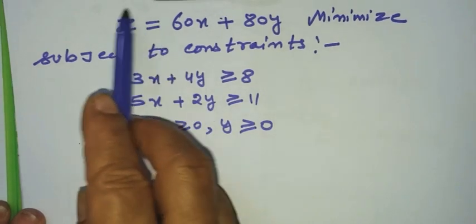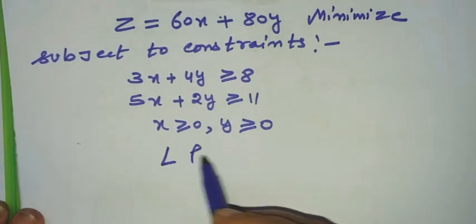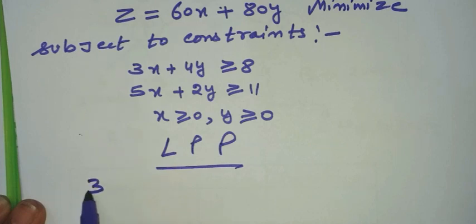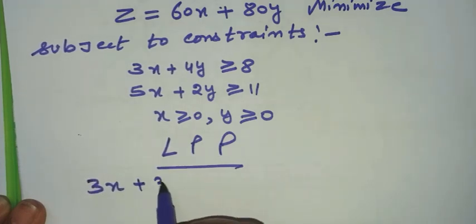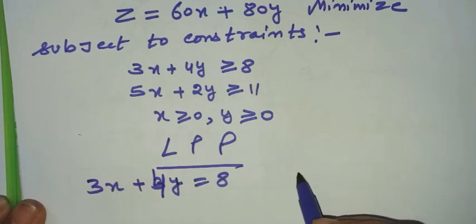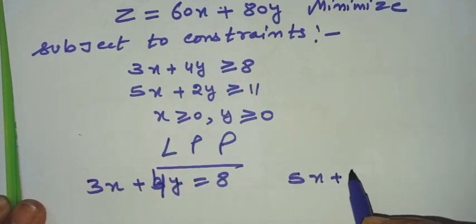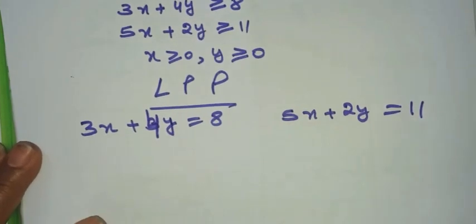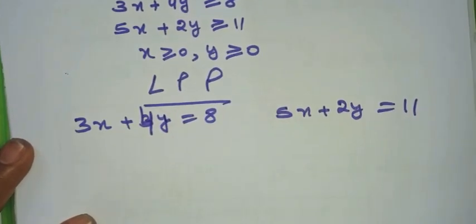So, we have to solve this LPP graphically, and to solve this LPP graphically, I have to plot the two equations 3x plus 4y equal to 8 and 5x plus 2y equal to 11 on the Cartesian plane. So, let us make their tables.